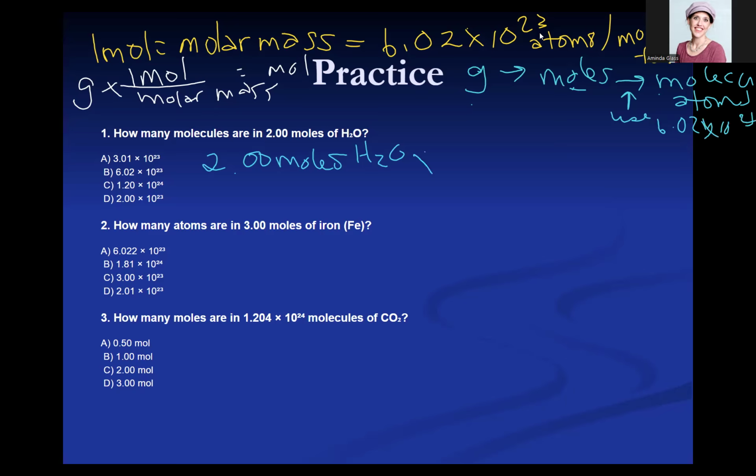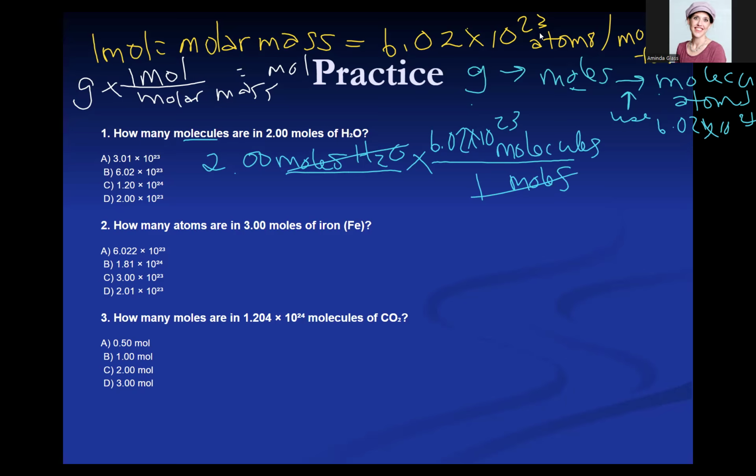So I set it up. What do I want? I want molecules. What do I need to get rid of? I need to get rid of moles. I know there are 6.02 times 10 to the 23rd molecules for every 1 mole. This cancels out.